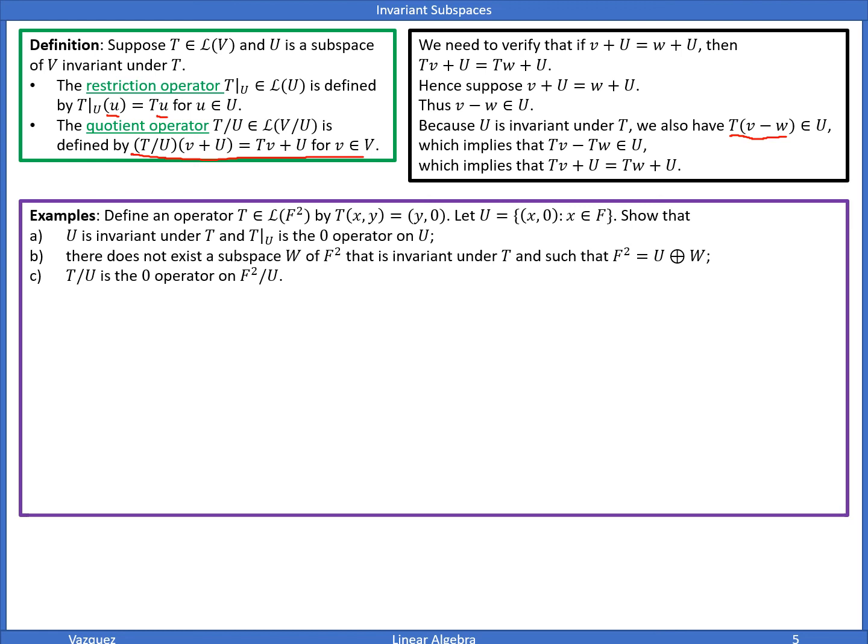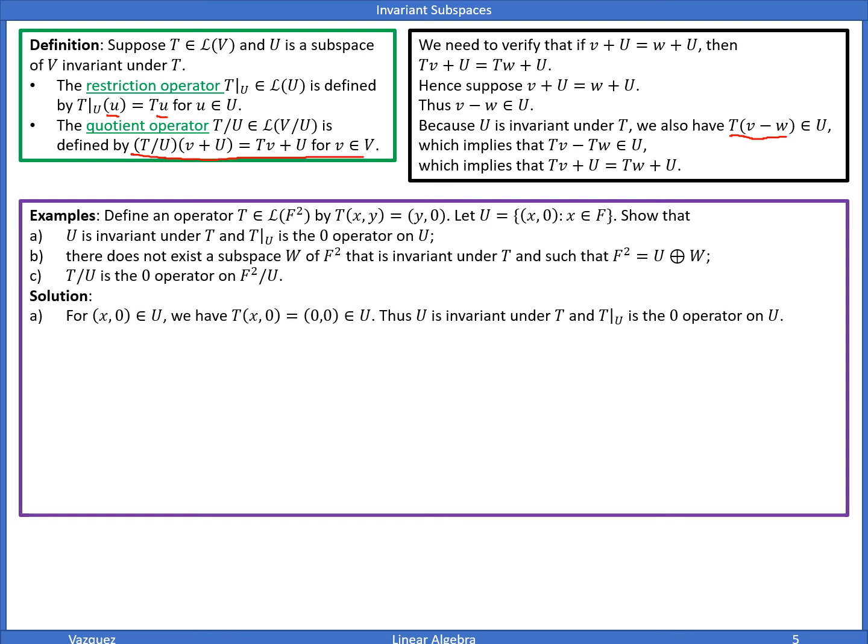So define T as an operator, obviously from F2 to F2, by this, this is how we're defining that operator. And let U be x0 for all x in F. We're going to show that U is invariant under T, and that T restricted to U is the 0 operator on U. So let's go over that one first.